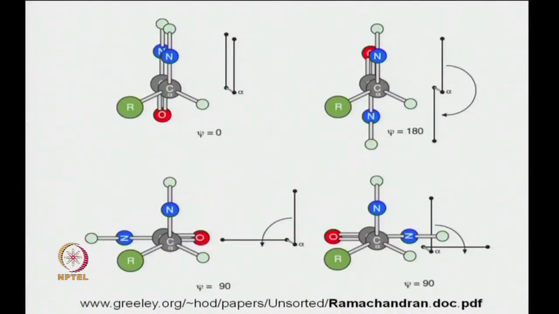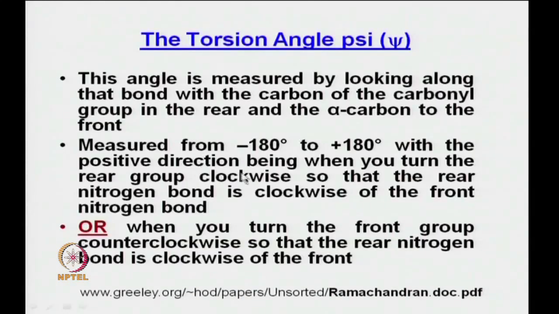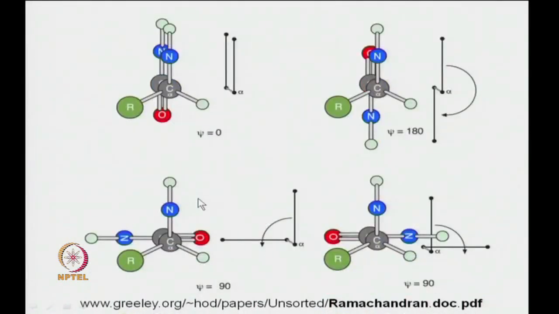So, here let us look at this representation again. This is a C alpha, and this is the carbonyl. Okay. That is the convention we are going to follow. Now, what you see here is what has happened, I have taken this and gone back to talk about the positive direction being when you turn the rear group clockwise, so the rear nitrogen bond is clockwise of the front nitrogen bond. Okay. Let us see.